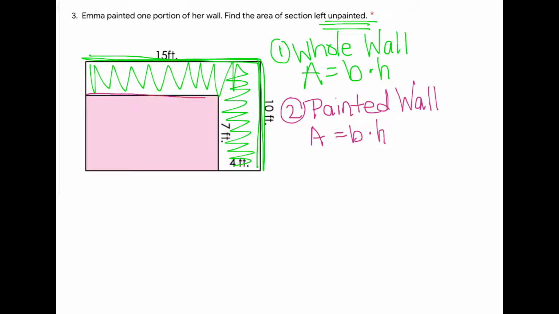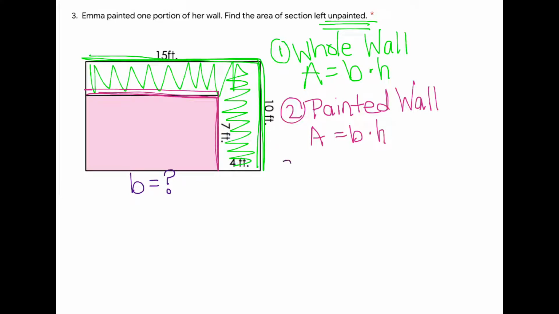And our painted wall is the pink wall here. That will be the area of our painted wall. But once again, we don't know what is our base. What is our base of the painted wall? We need to find that.